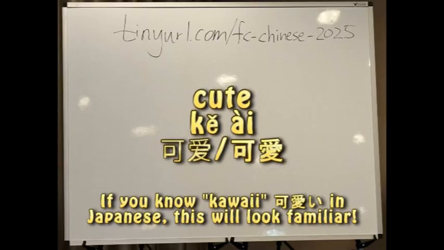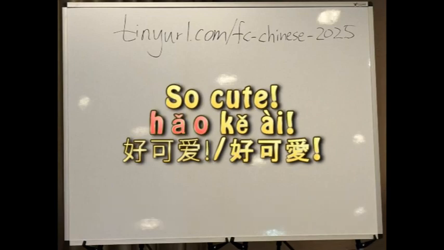If you want to say someone is cute, you can just say 可爱, or you can add a 好. 好 literally means good, but together it can mean oh so cute, or very cute. It implies that you're talking to them. So 好可爱. Say that to your friend.